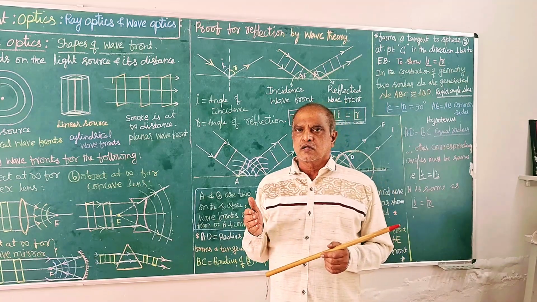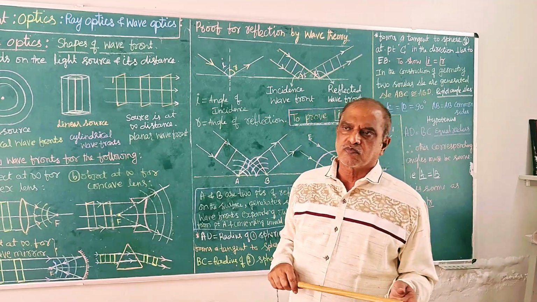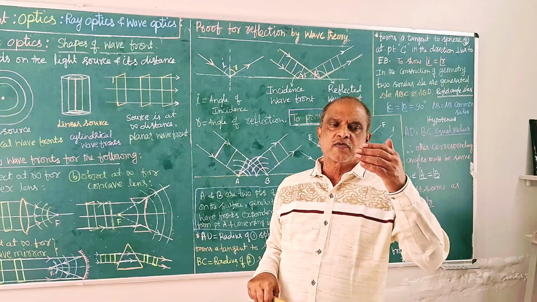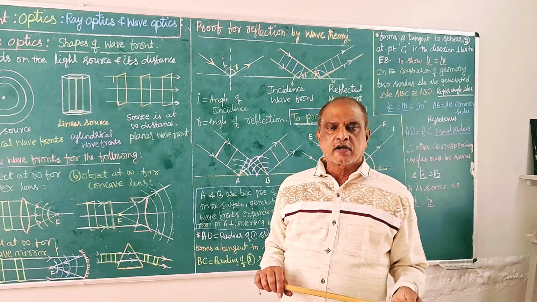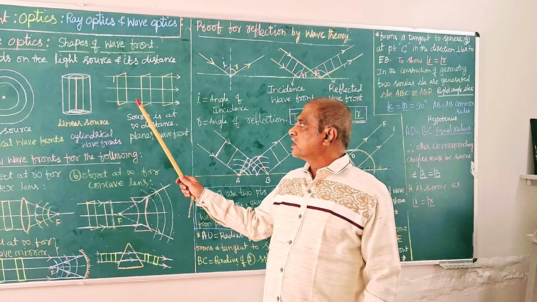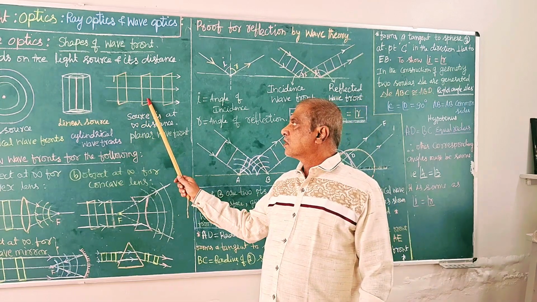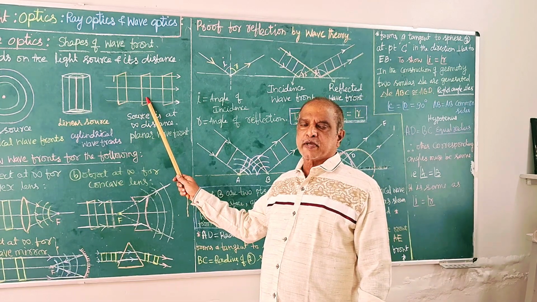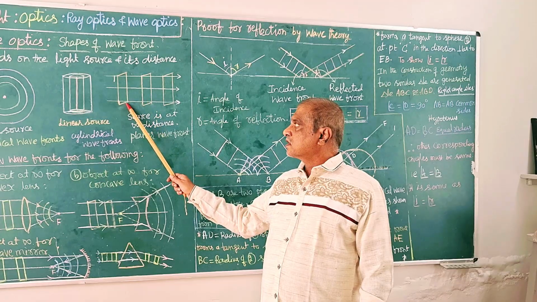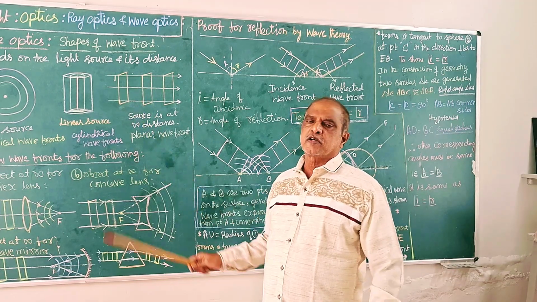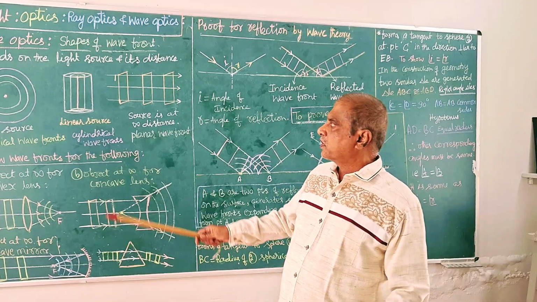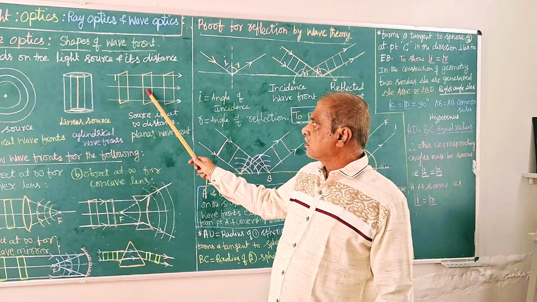It becomes negligible. Surface curvature becomes negligible, and it flattens into a plane. Originally it is spherical in shape, but it almost turns into a plane. So we can draw this diagram: planar wavefronts.